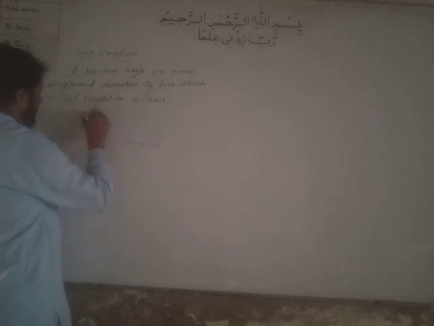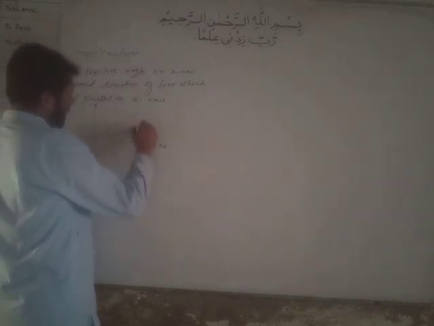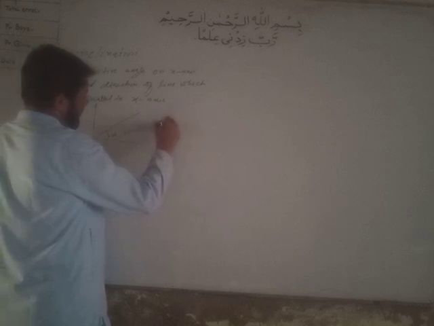So we can say this is the x-axis here, this is the plane, and here this is the positive angle alpha. This angle is called the inclination.